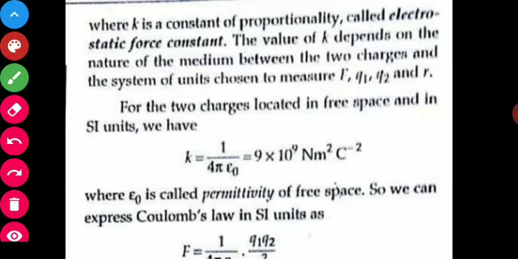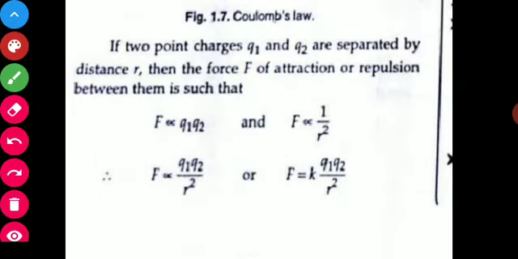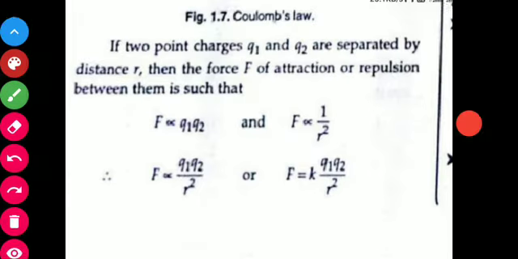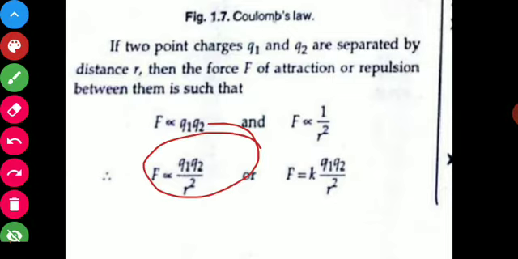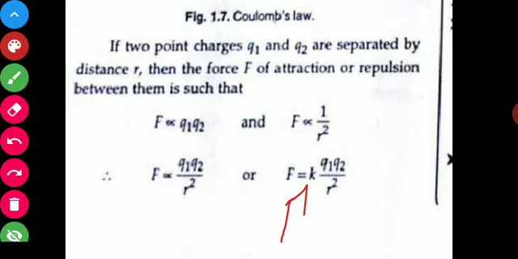So if we put the value of K in our previous equation, what was our previous equation? It was F is equal to K Q1 Q2 upon R square. What was the value of K?